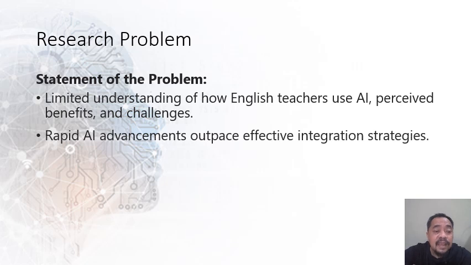The rapid AI advancement outpaced effective integration strategies, meaning they find it hard to keep up with the AI advancement and then to be put into their classroom strategies for their teaching approach or teaching method.